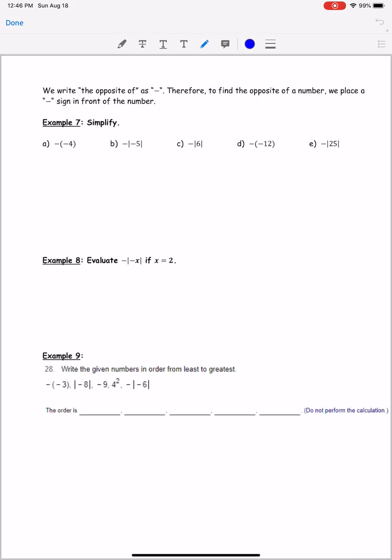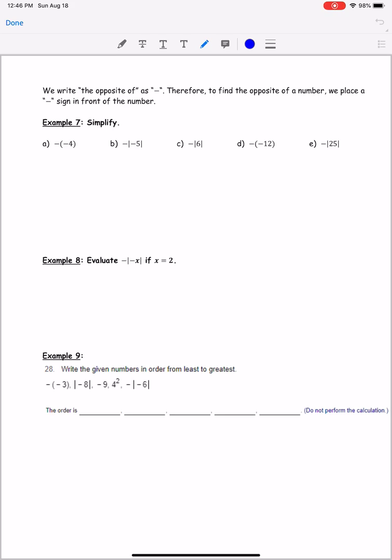Okay, let's put those last two together a little bit. We write the opposite of as a negative. Therefore, to find the opposite of a number, we place a negative sign in front of the number.